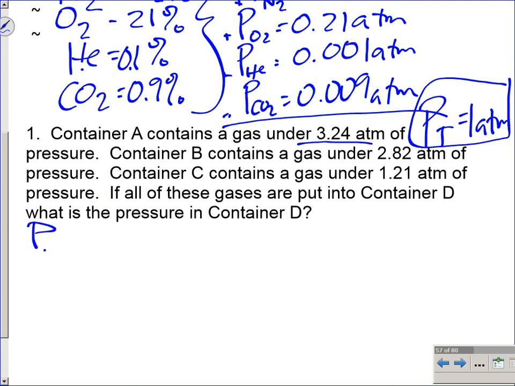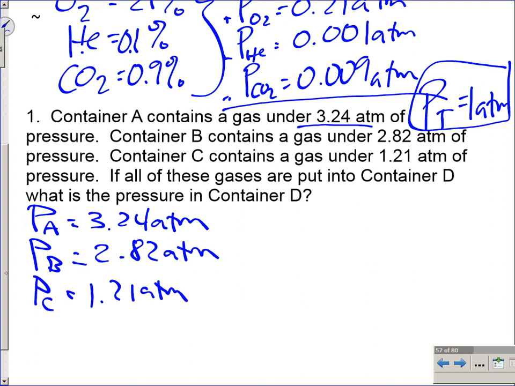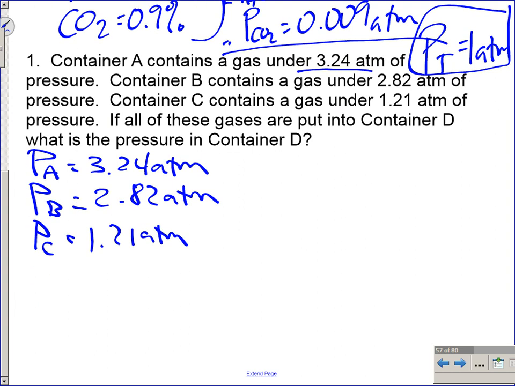So pressure A, 3.24 atm. Pressure of container B, 2.82 atm. Pressure of container C is 1.21 atm. And what are we doing with these in this scenario?